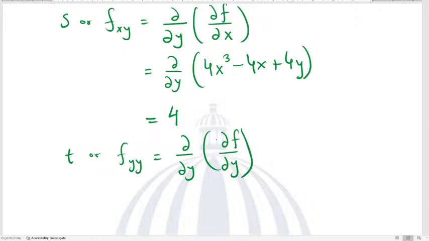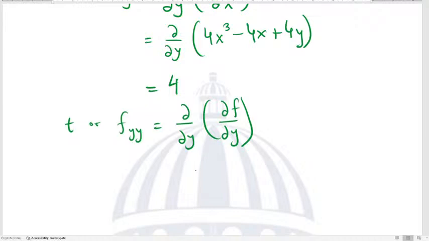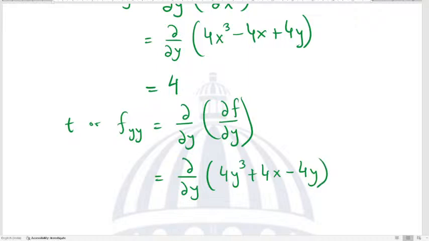Second order. The first order is inside the bracket. The second order is what happens outside the bracket. But we have already found out what dou f by dou y is. So dou f by dou y would be 4y cube minus 4y plus 4x. My bad. Plus 4x minus 4y.